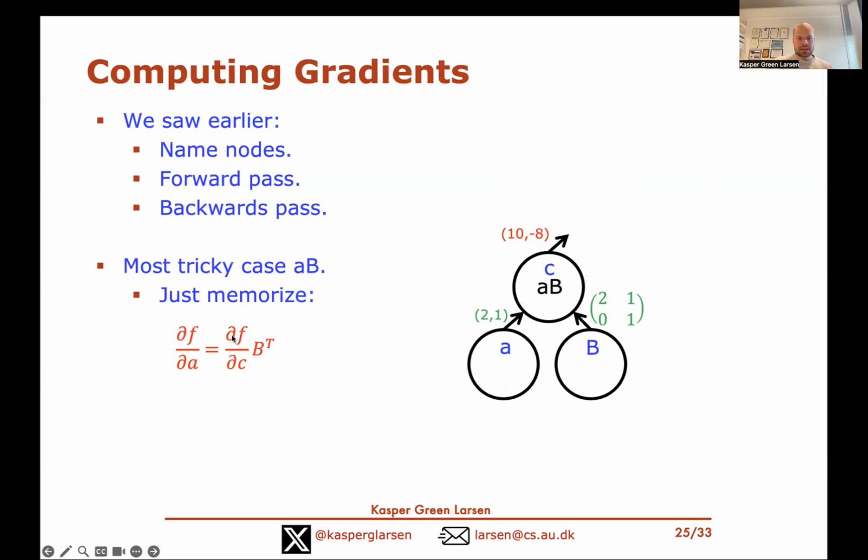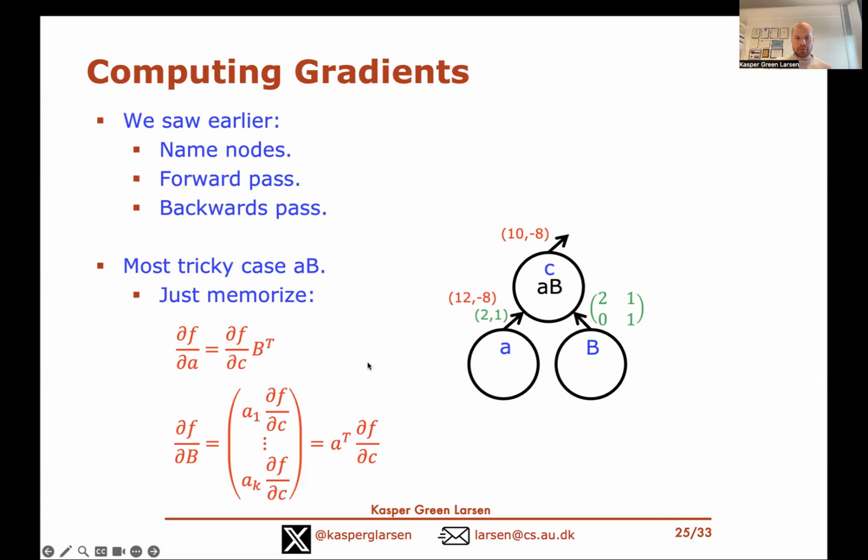We take the partial derivative of f with respect to c, which we already have written on this edge, and multiply it with b transpose. And b we have from the forward pass, so it's written on this edge already in green. This is a very simple step. If we take this 10, minus 8, multiplying it with b transpose here, we get 12, minus 8. So this is a simple rule to remember.